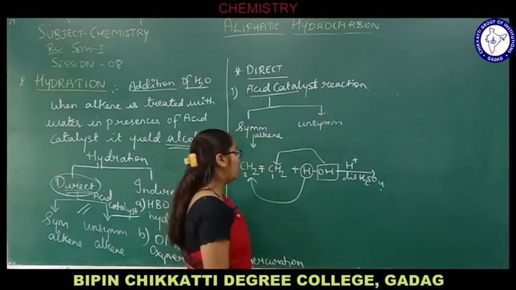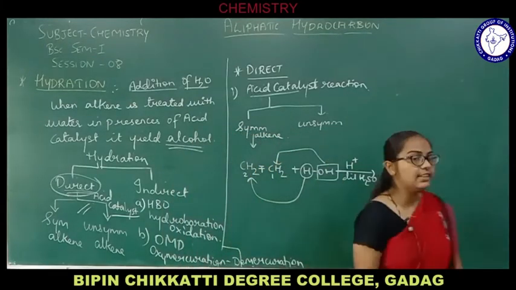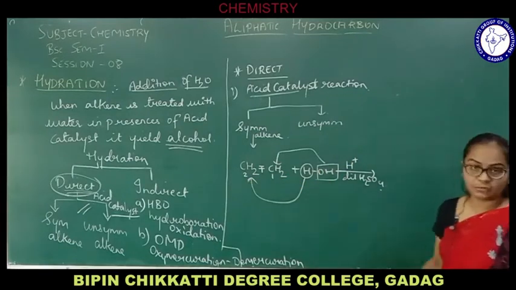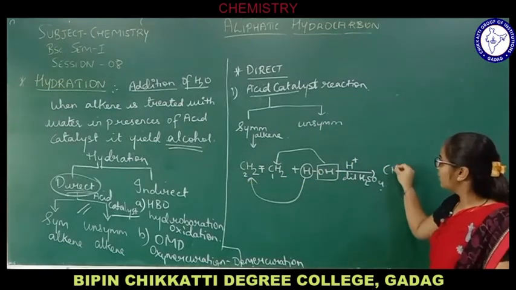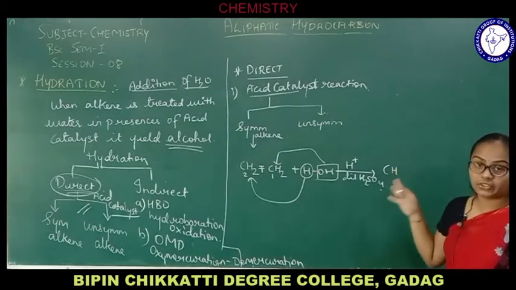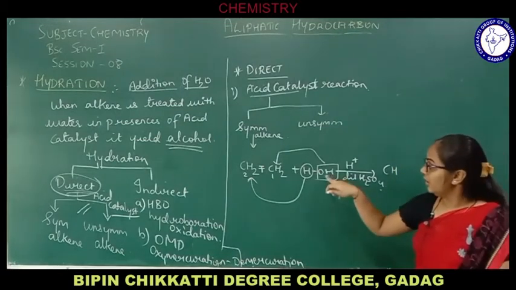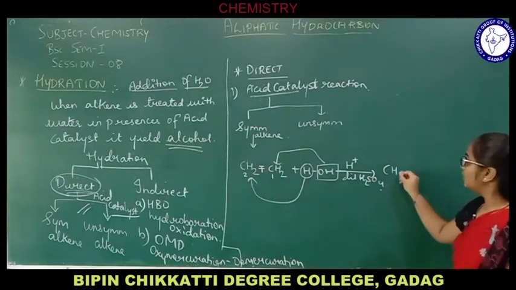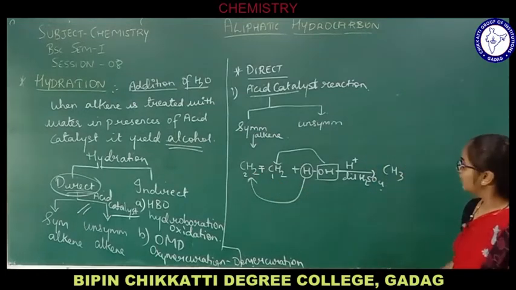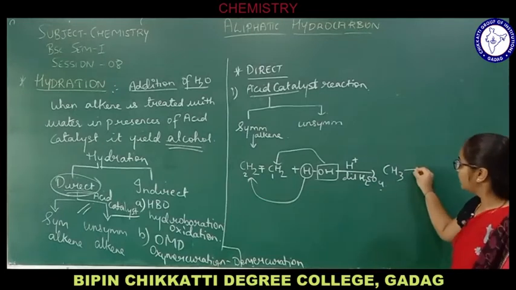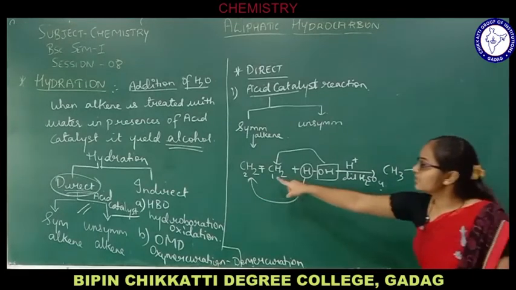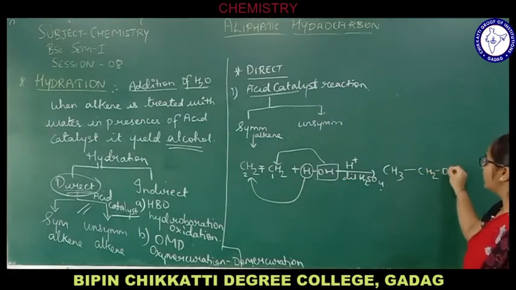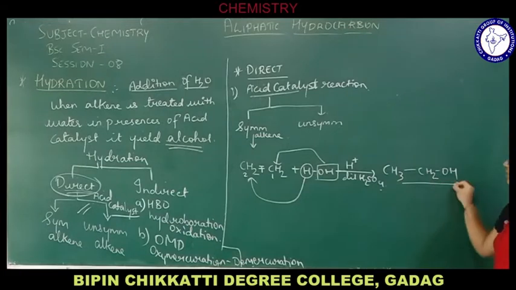Okay, so once both groups get attached to carbon number 1 and carbon number 2, the product will be formed in such a way that if hydrogen gets attached to carbon number 2, it will form CH3, correct? And then the bond will break. For this CH2, OH gets attached.